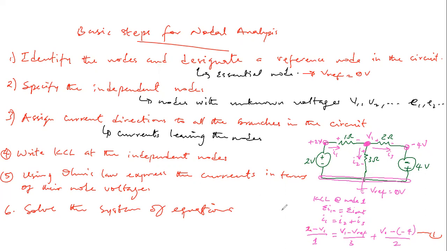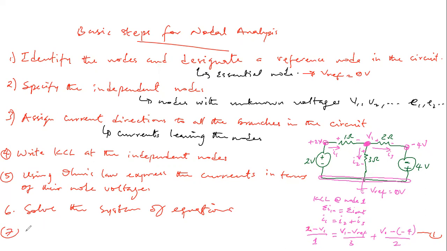Because they are not quadratic, the variables have the power 1, so they are simultaneous equations, and then we could use any of the known methods, Cramer's rule, the matrix method, substitution, elimination, whichever method we are comfortable with.